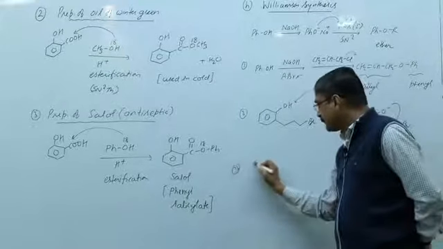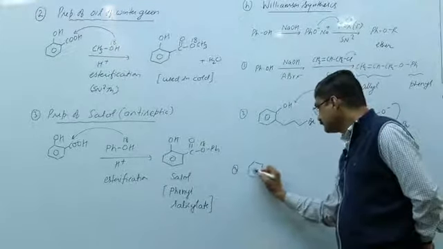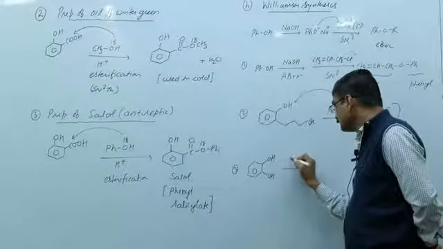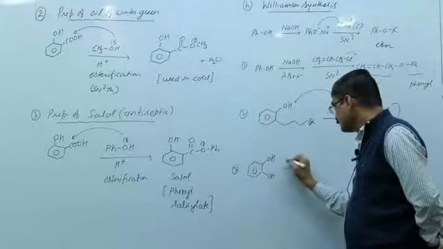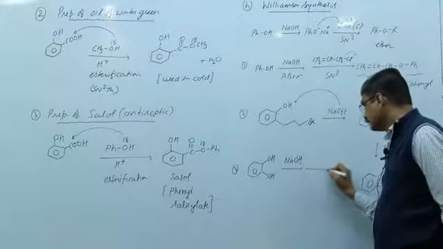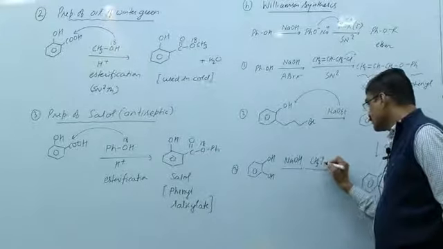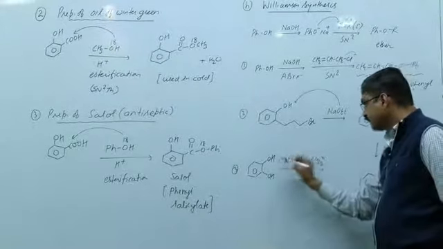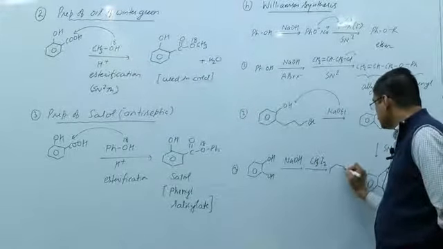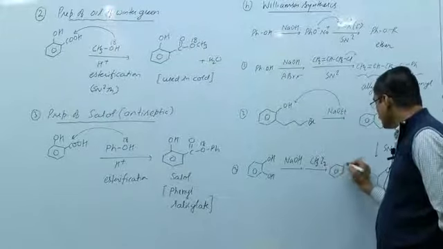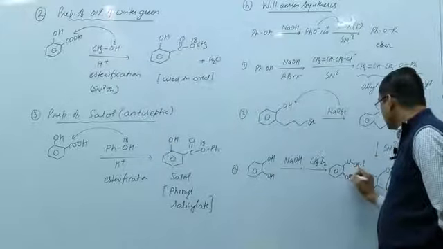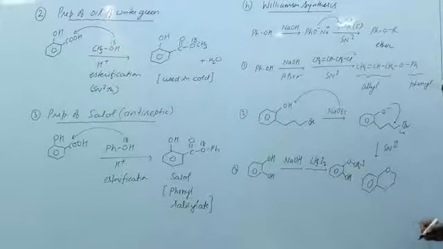Third question. NaOH followed by CH2I2. Then by acid-base reaction, one phenoxide is obtained and one substitution takes place.